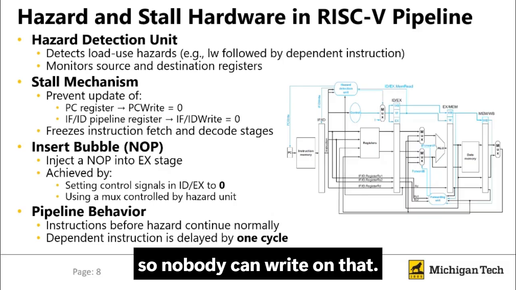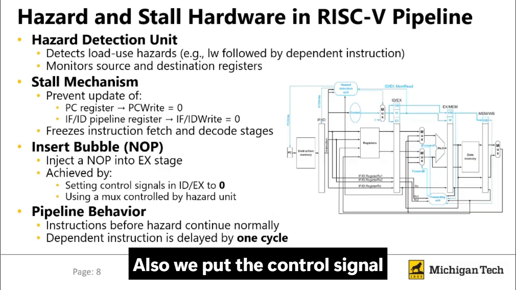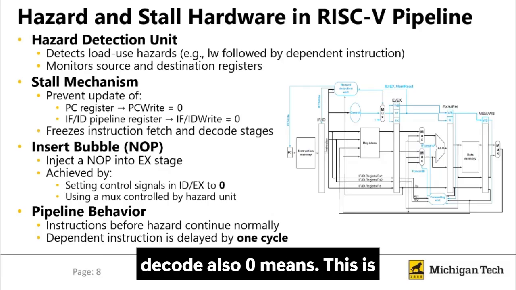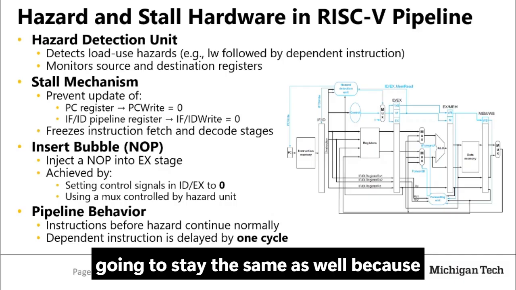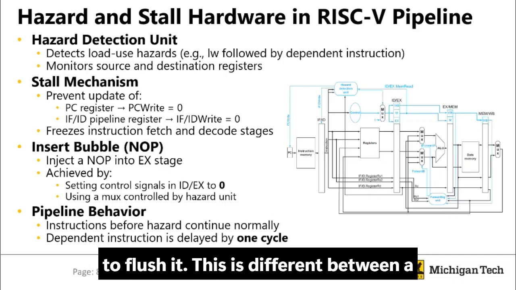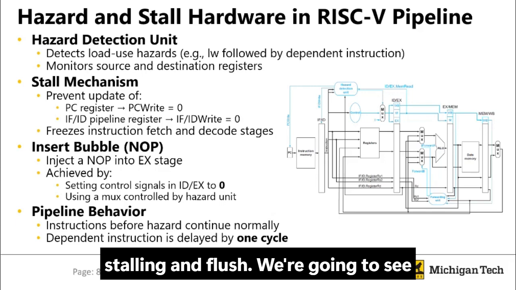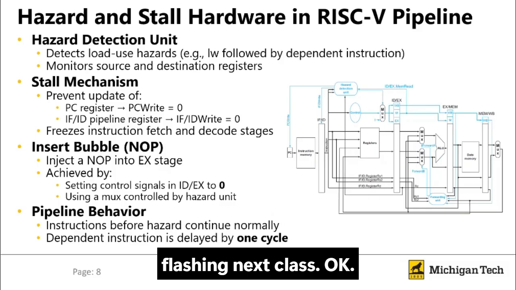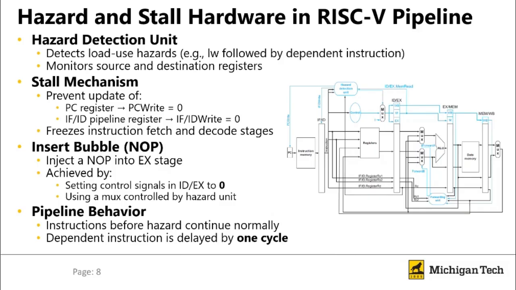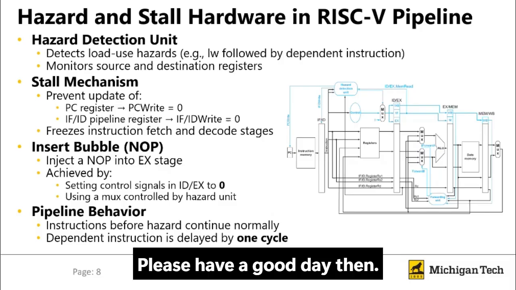Also, we put the control signal of this instruction fetch, instruction decode, also zero, which means this is going to stay the same as well because it has an instruction on it. We don't want to flush it. This is the difference between stalling and flushing. We're going to see flushing next class. Okay, so any question? Okay, have a good day then.